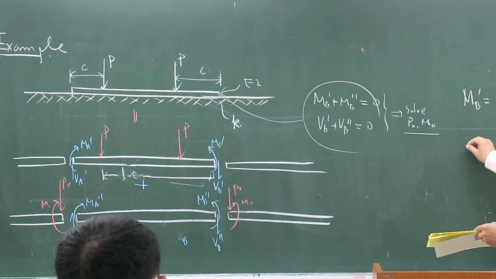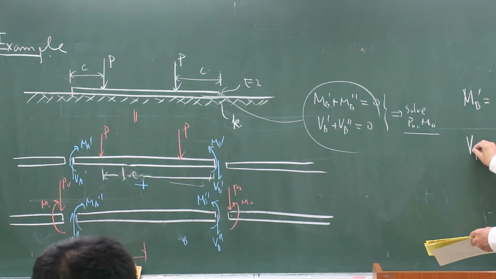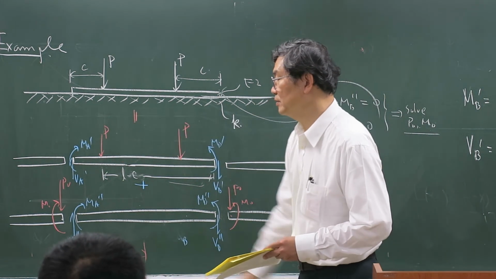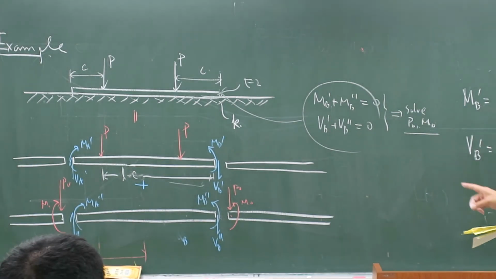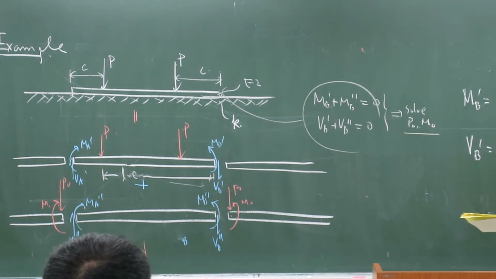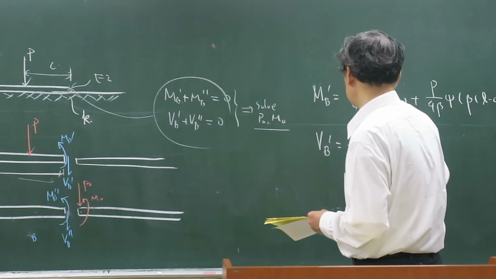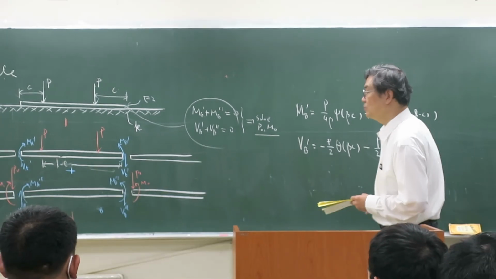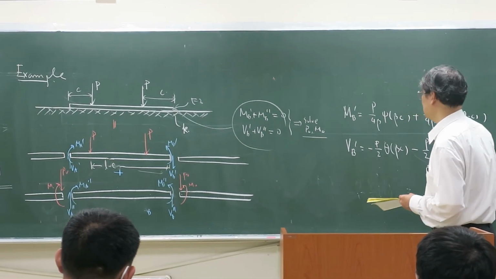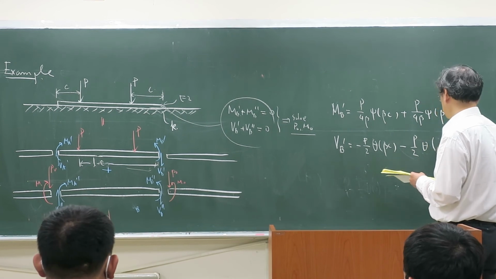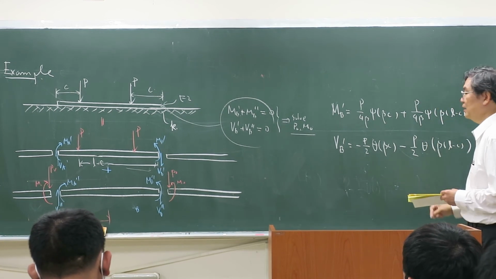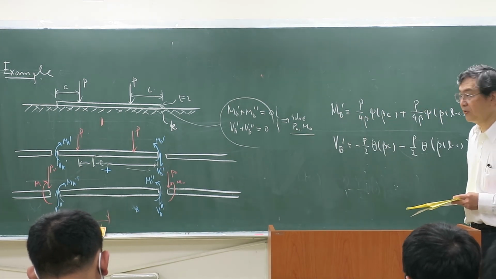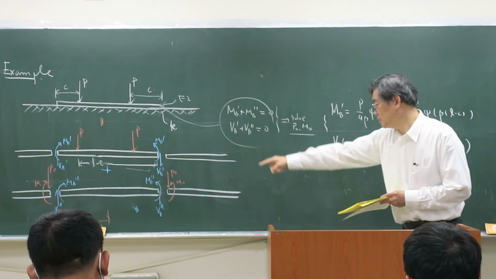And shear, V_B prime, equal to the distance from that one. The shear is minus half P theta beta C minus P over 2 theta beta (L minus C). Right? Easy. Same idea as before. Right? Now, the difficult part.